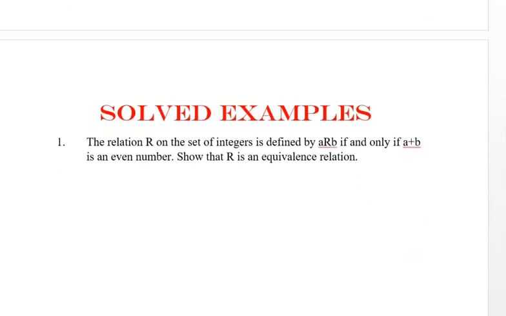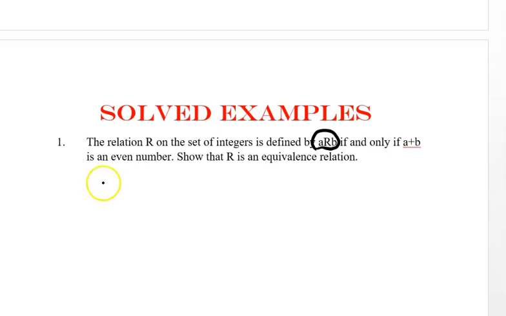Now, example 1. The relation R on the set of integers is defined by a relates to b if and only if a plus b is an even number. What does it mean to be an even number? An even number simply means it's a multiple of 2.